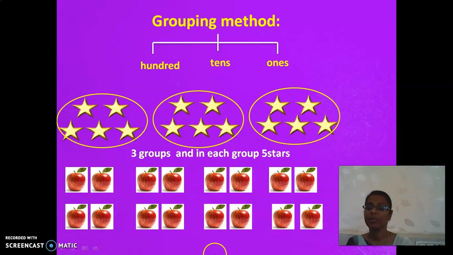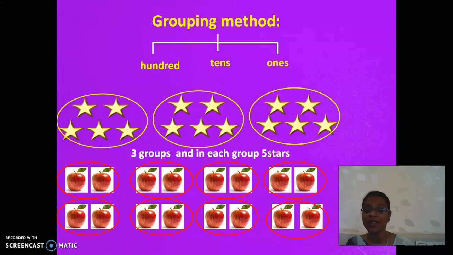Now see the second image. How many apples are there? How have I arranged the apples? Yeah, I have arranged 2 apples in each group. Can you see here? In each group you can see 2 apples.